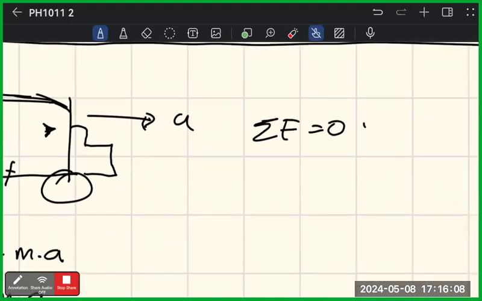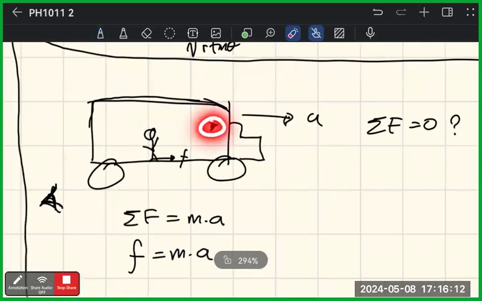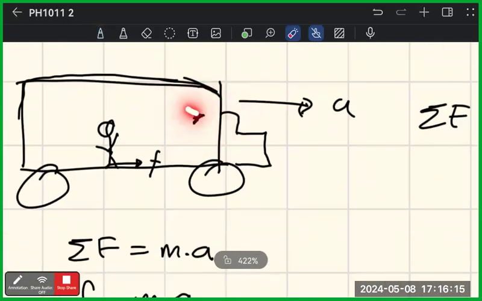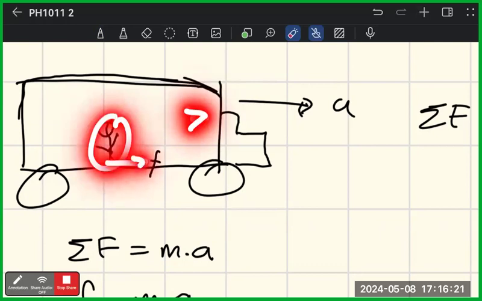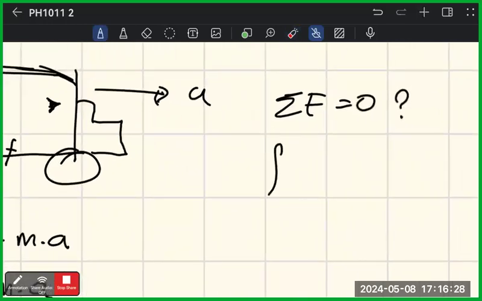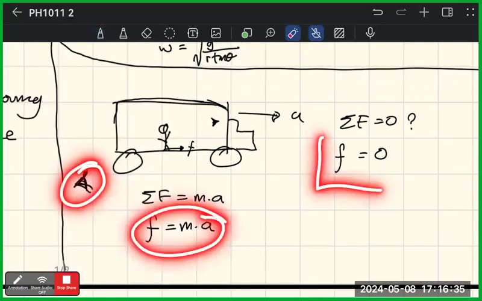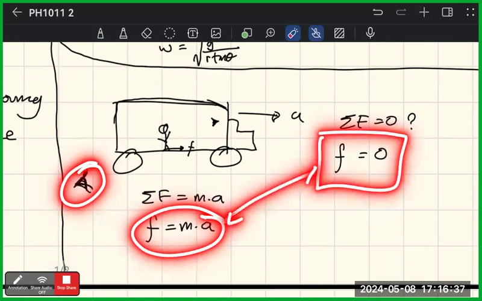How come? Actually this observer will also see that his foot touches the ground and has friction, right? So is it that from your reference F equals zero, but from the outside observer it's F equals ma? What's the correct one? Is it zero or ma, right?